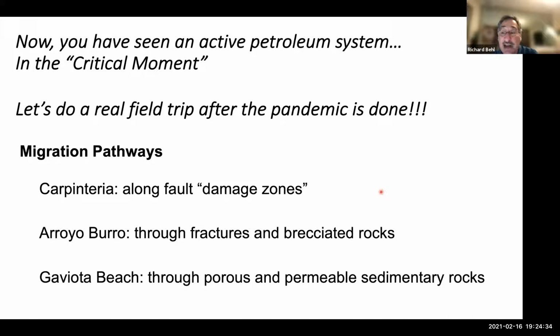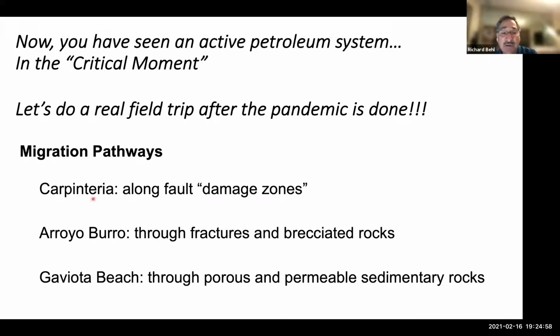They're migrating up into structures that in some cases didn't even exist less than 500,000 years ago. The Ventura Avenue anticline is probably only about 500,000 years old, and yet it's been filled with enough oil that they've already produced 1 billion barrels of oil out of it.